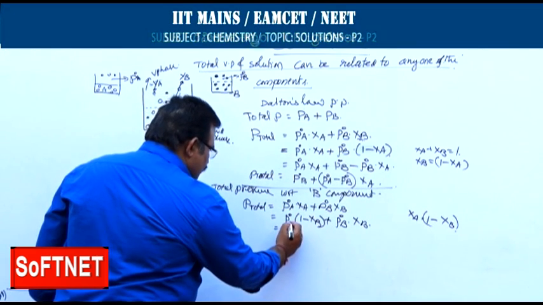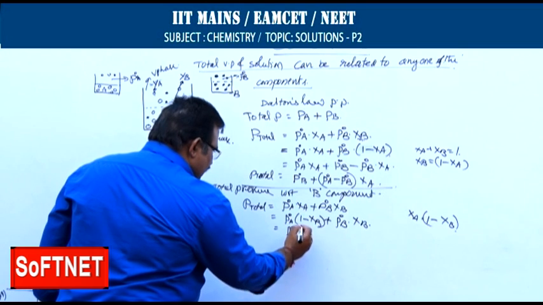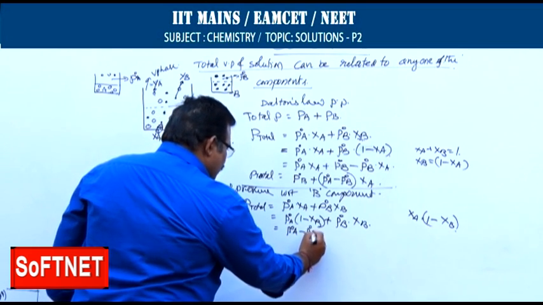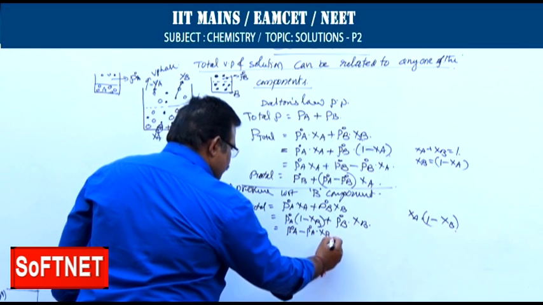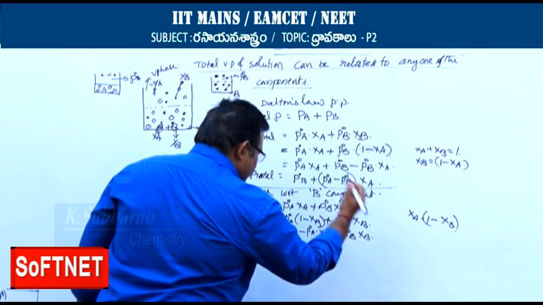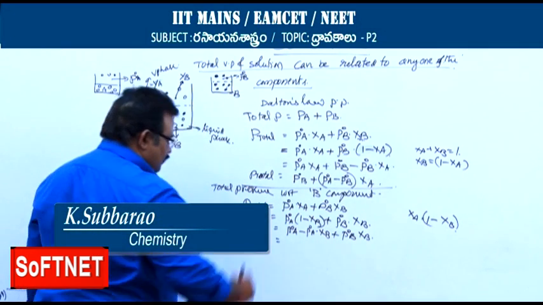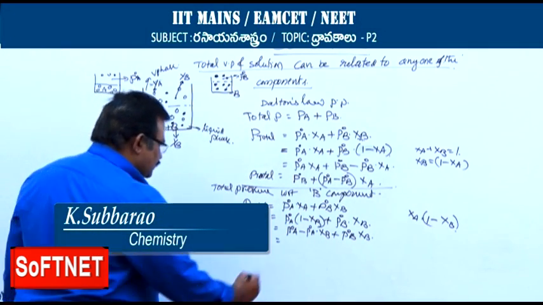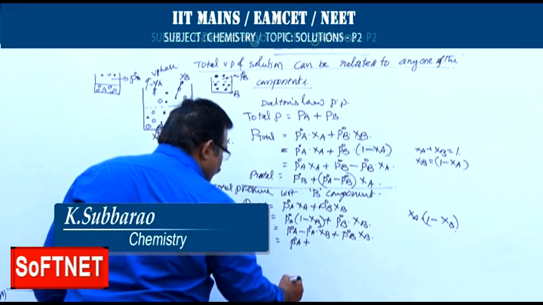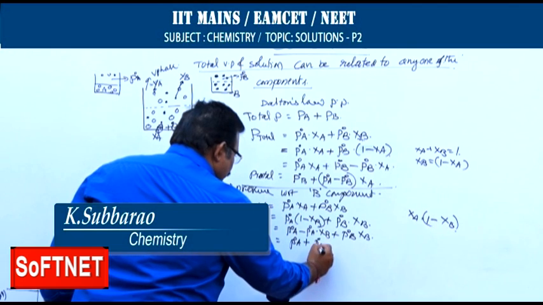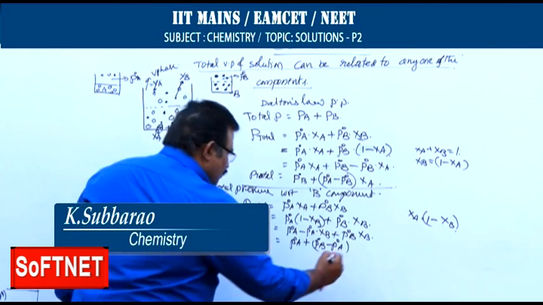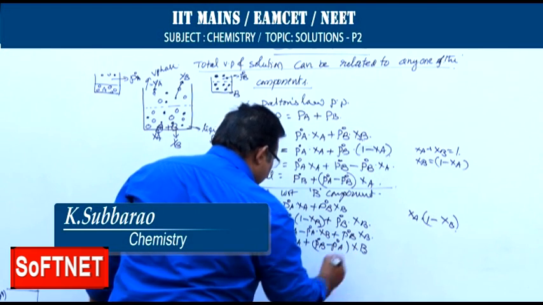We can write P naught A minus P naught A into XB plus P naught B into XB. Therefore, P naught A plus P naught B minus P naught A into XB.